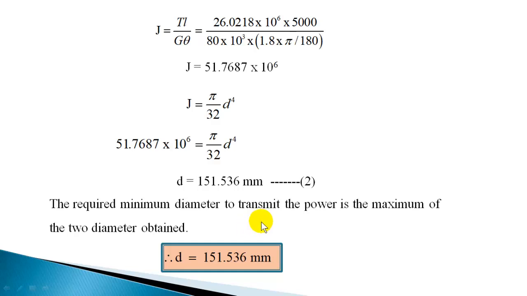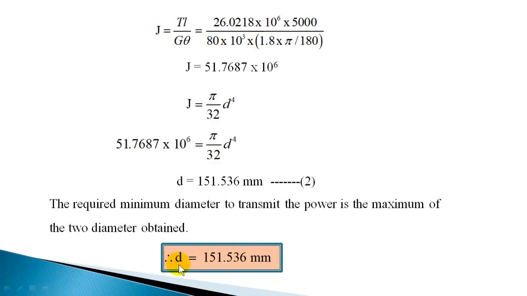Even though the question asks for the minimum diameter to transmit the power, out of the solutions obtained, you should take the maximum value as the minimum requirement. So out of the two diameters, you take this as the solution for the problem.